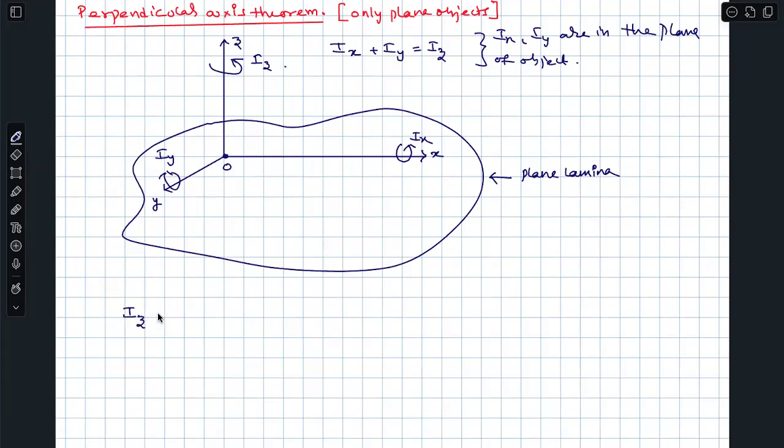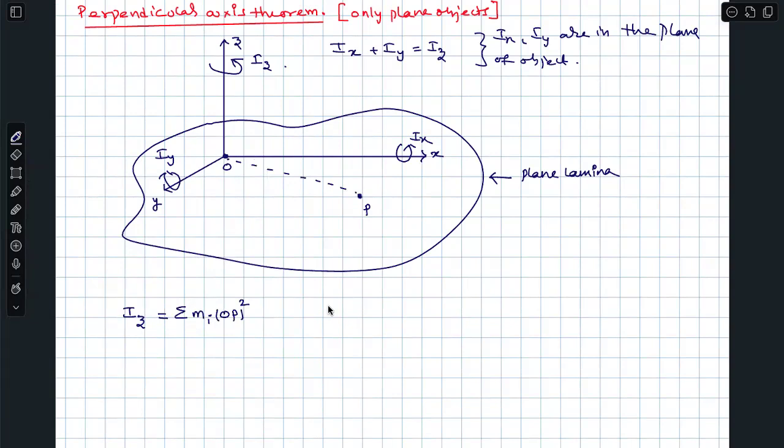So what is Iz? You take one element P. Iz is nothing but sigma i mi OP square.